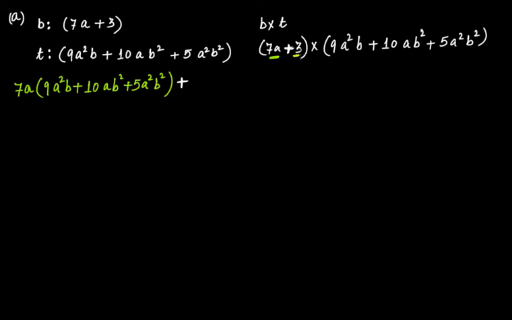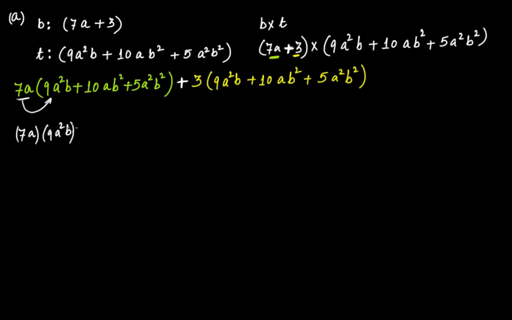So 3 will be multiplied by this, then this, and then this. It means 3 multiplied by 9a squared b plus 10ab squared plus 5a squared b squared. Right? Now take this 7a and multiply it with 9a squared b.